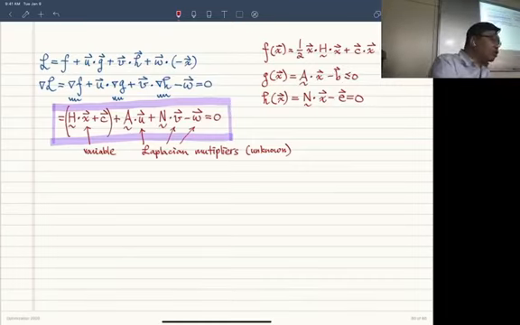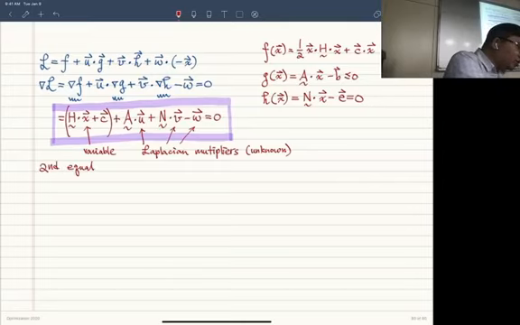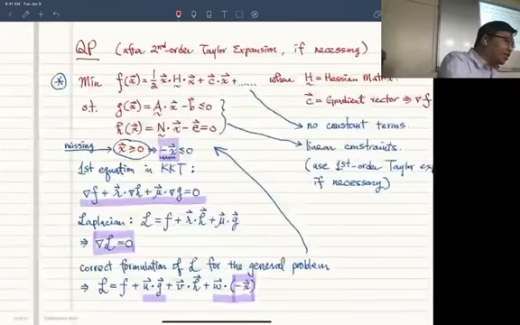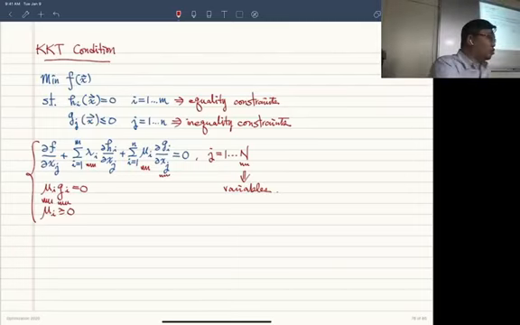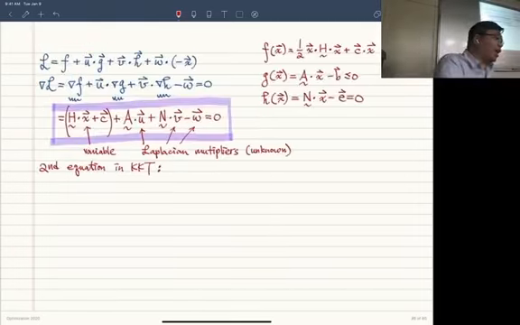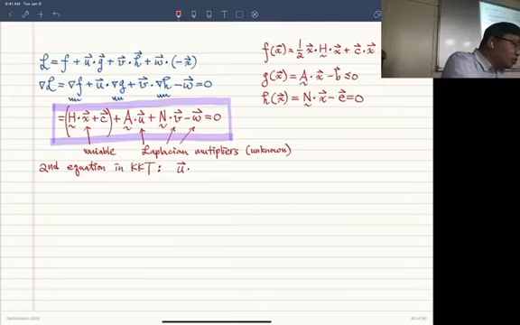Next, also based on KKT condition, this time we are studying the second equation in KKT. So what would that be? The second one is that the coefficient in front of g multiplied by g must be 0. So mu g equals 0. And we should do that as well in QP. What's the coefficient in front of g? Basically u dot product g equals 0.